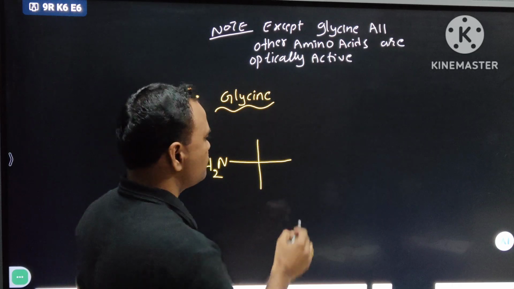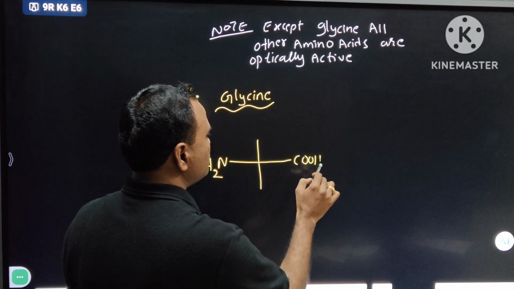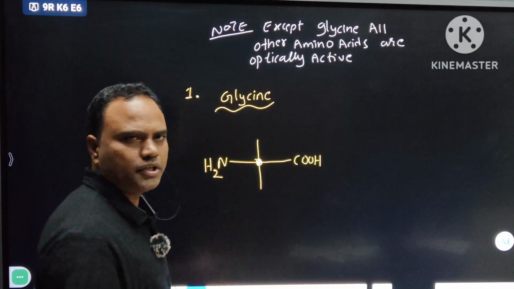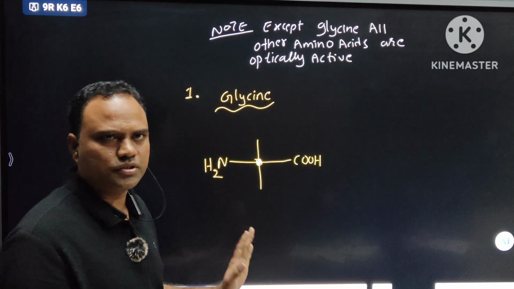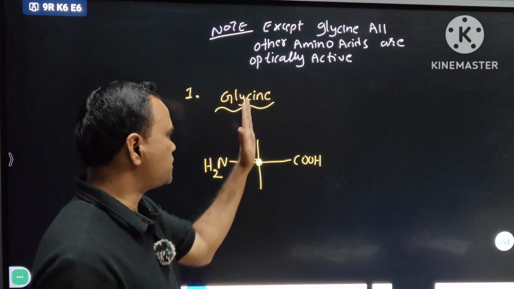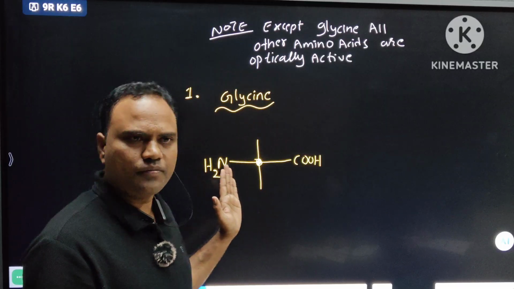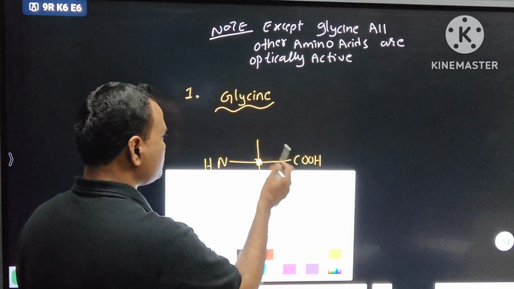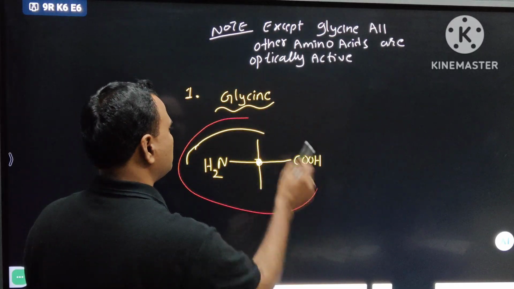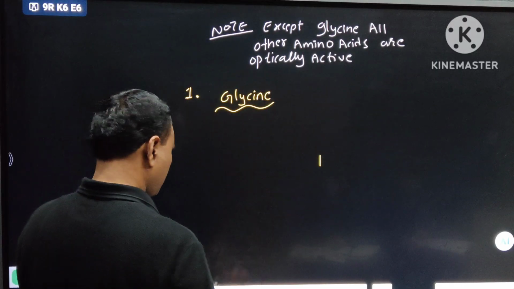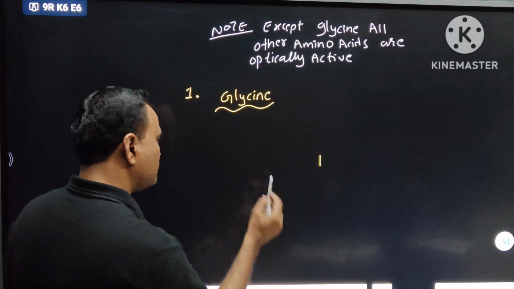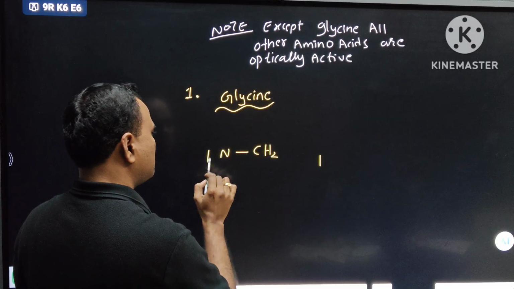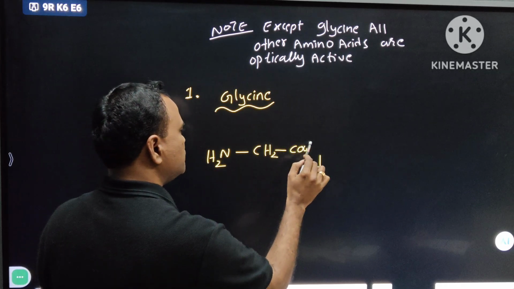NH2, COOH. Now here one carbon is present. This is a vertical line, so NH2 is present on the left hand side. CH2, NH2, COOH.